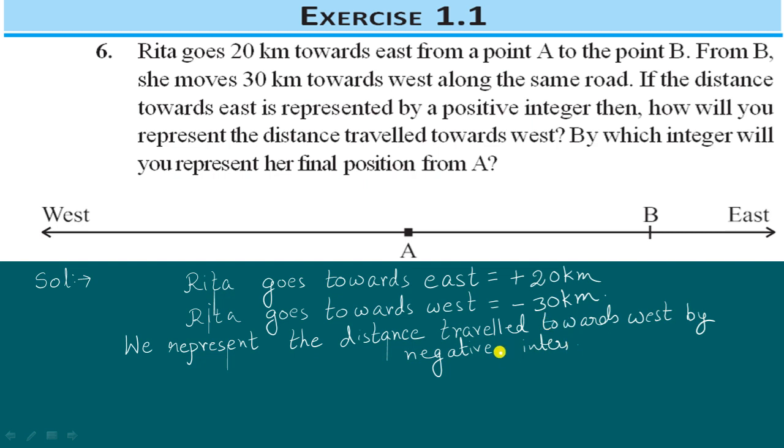And you see here we have written minus 30 km. How will you represent the distance traveled towards west? That is, it is represented by negative integer.